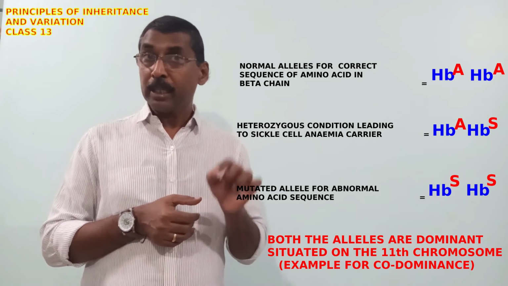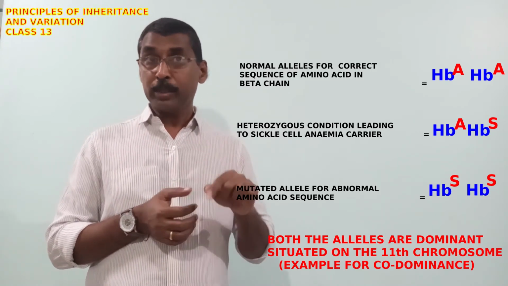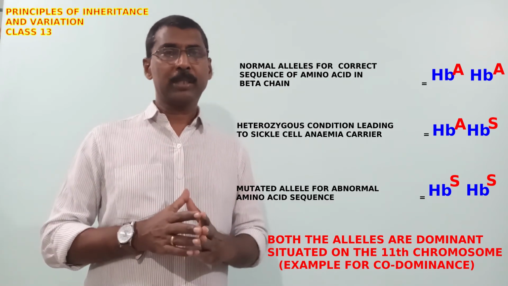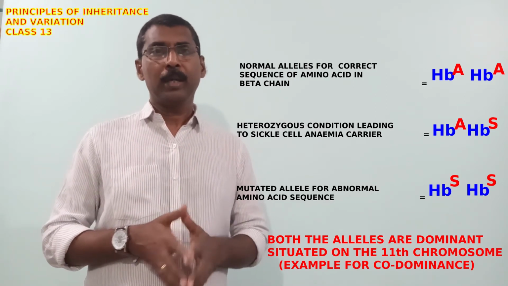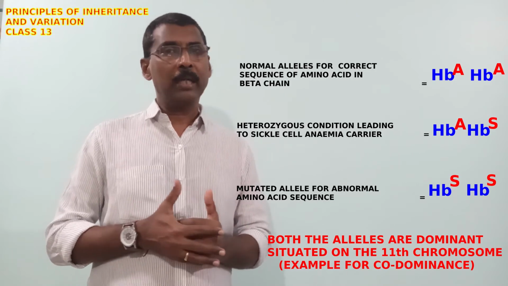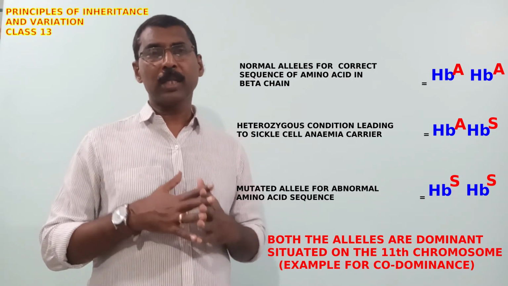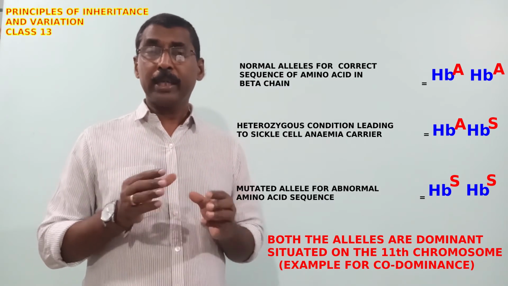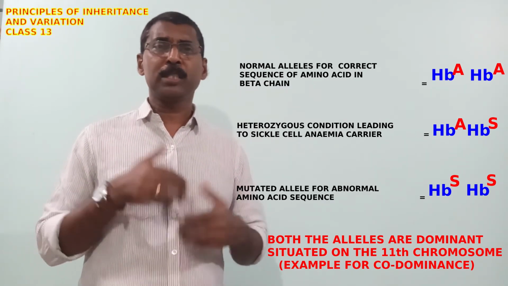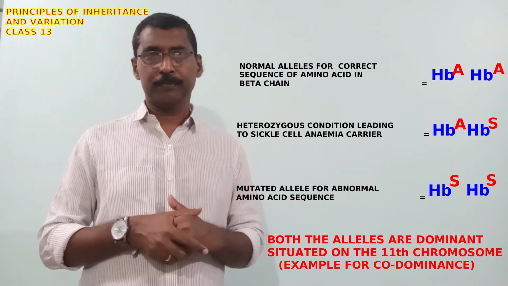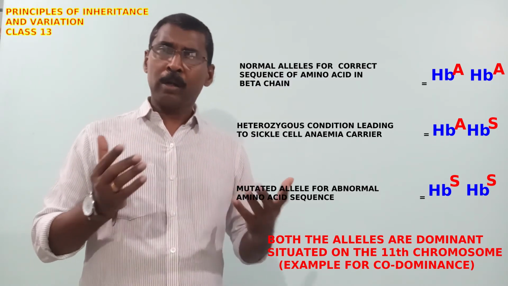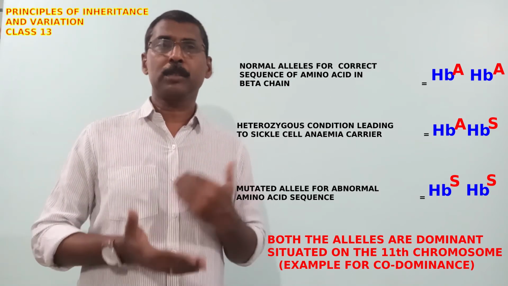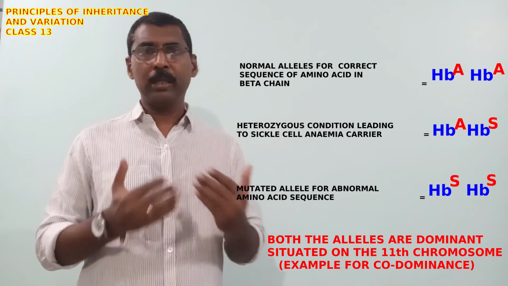HbS is the mutated allele. The HbA HbS condition is a heterozygous condition, and that person is termed a carrier, a sickle cell anemia carrier. And a carrier may not show the symptoms of sickle cell anemia. He may lead a normal life.